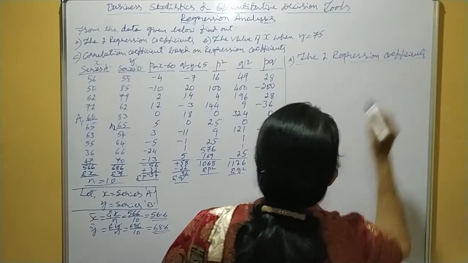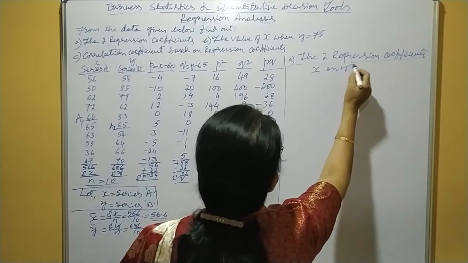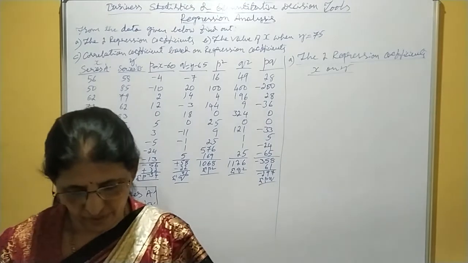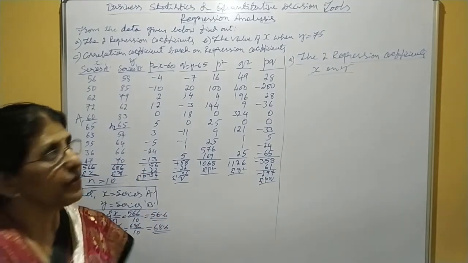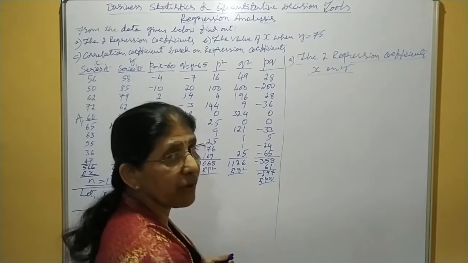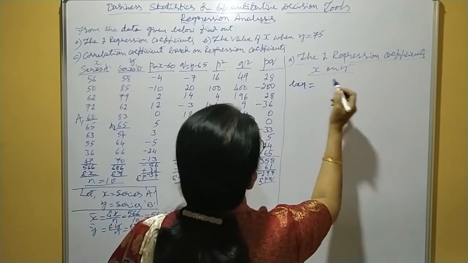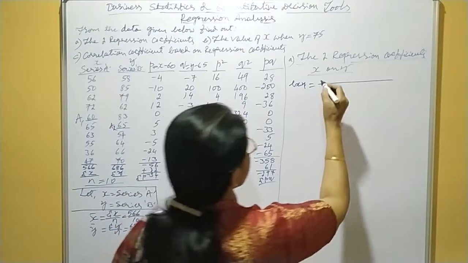Here the two regression coefficients are, first one is x and y. Here x and y regression coefficients, here we have taken the deviation from assuming, therefore which formula you have to apply? Under direct formula, bxy equals numerator same as of correlation coefficient.